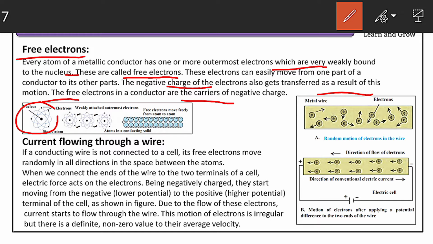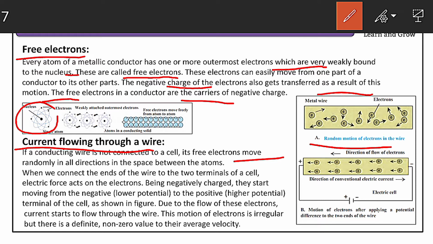But when free electrons are present in conductors, they travel in random motion unless we provide them an electric cell, which gives them force to flow. Current flowing through a wire: if a conducting wire is not connected to a cell, its free electrons move randomly in all directions in the space between the atoms.